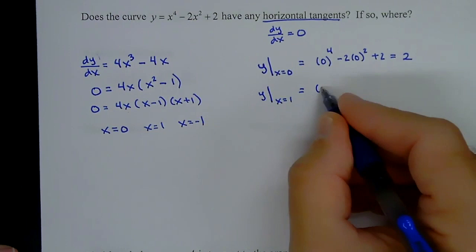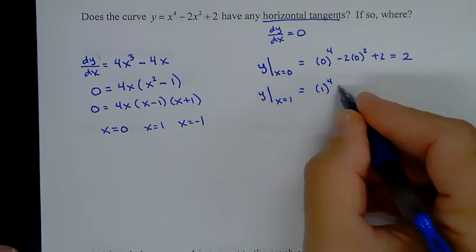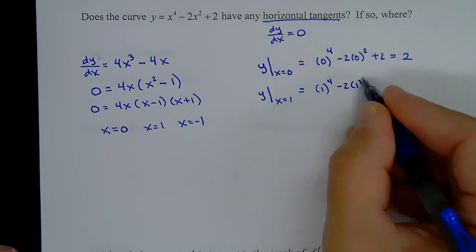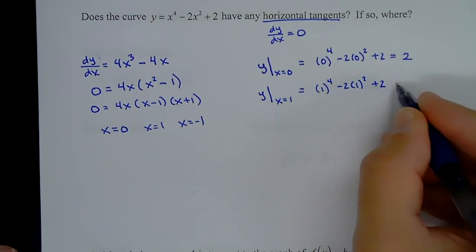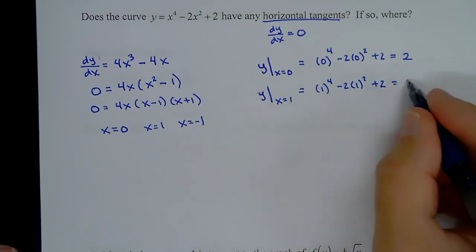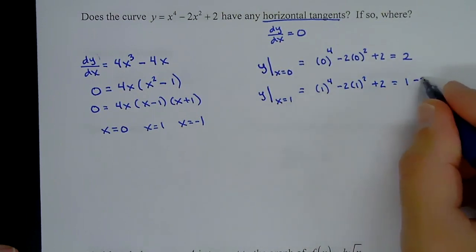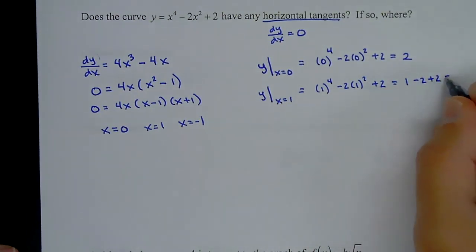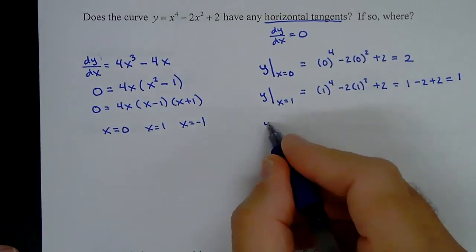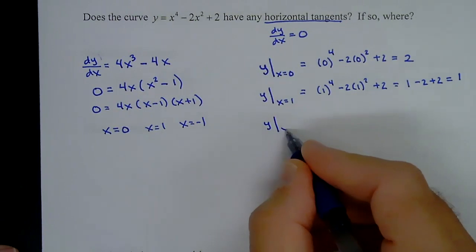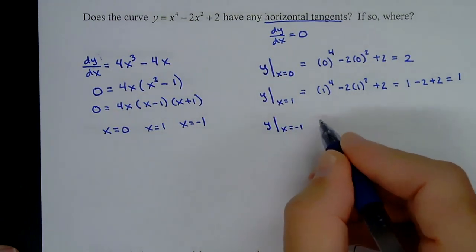So this would be 1 to the fourth minus 2 times 1 squared plus 2. So this would be 1. This would be 1 times -2, so that's minus 2, and then plus 2. And so that comes out to be 1. And then we also need to do y at x equals -1.